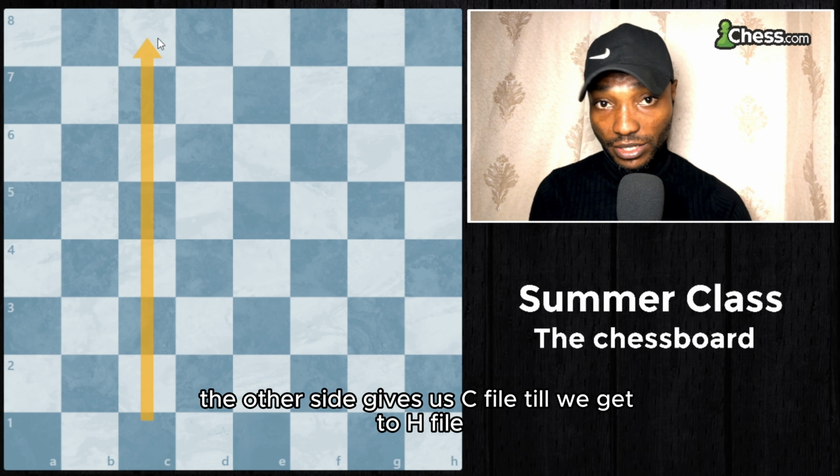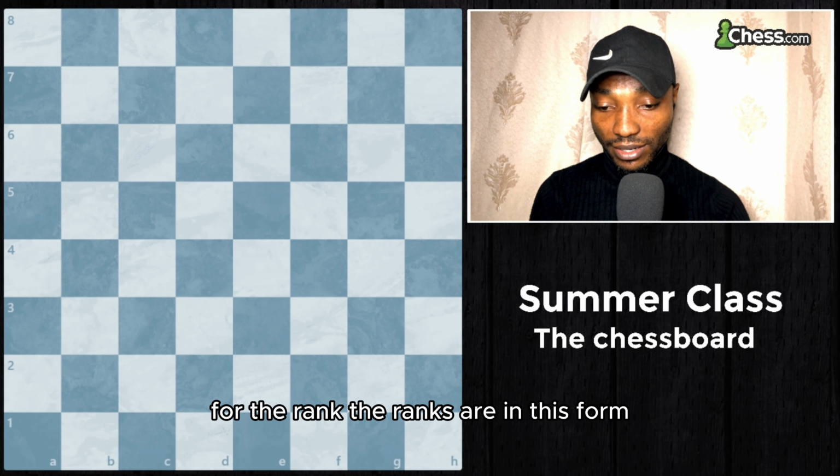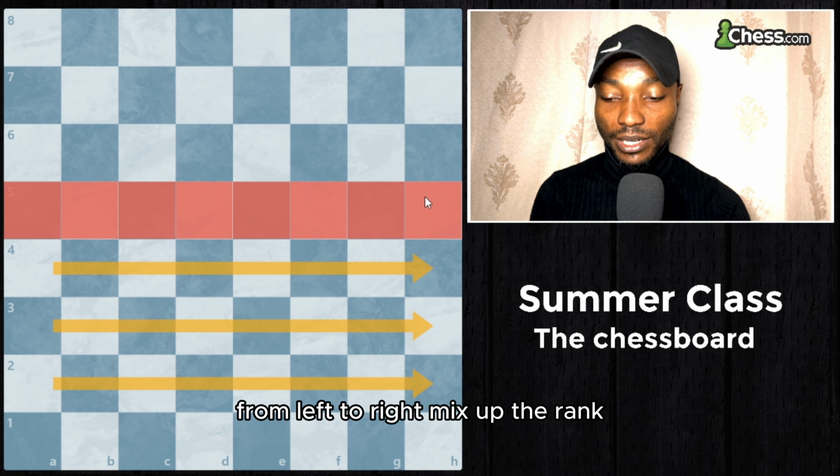Aside from this file, we have another kind of line called rank. Ranks are in this form. So they are horizontal lines instead. So the squares arranged alternatively from left to right make up the rank.